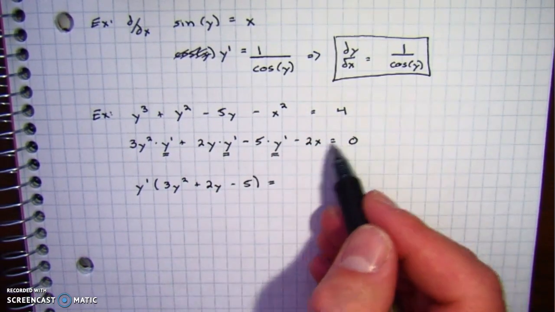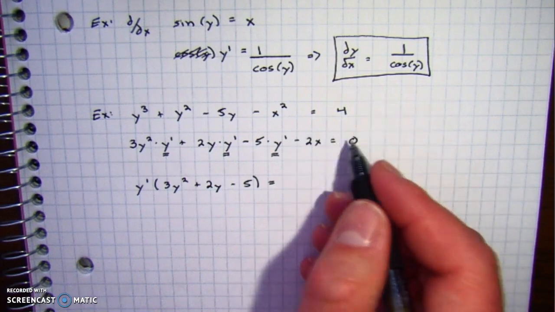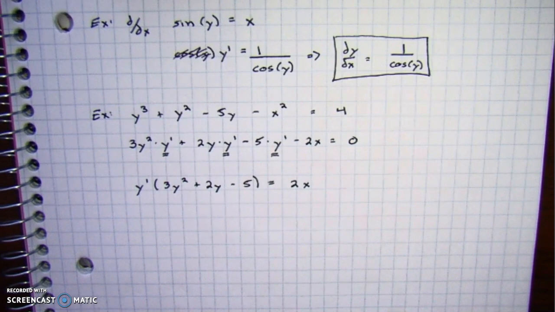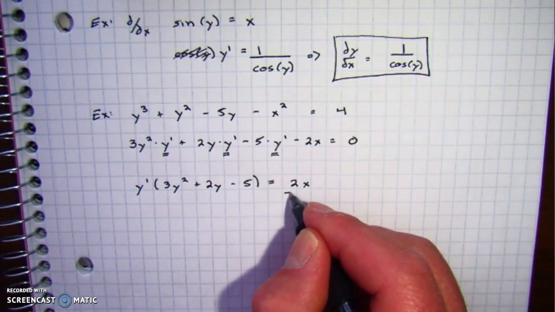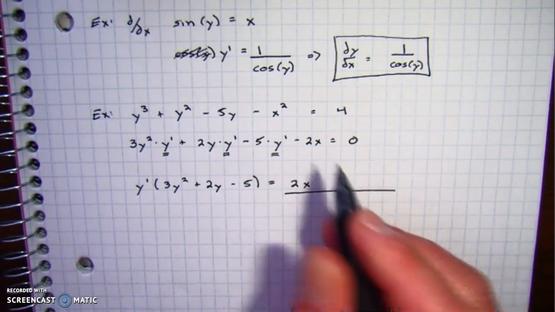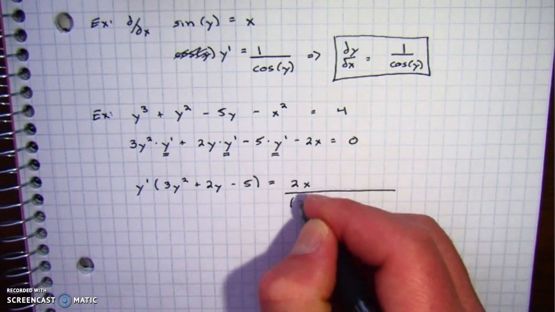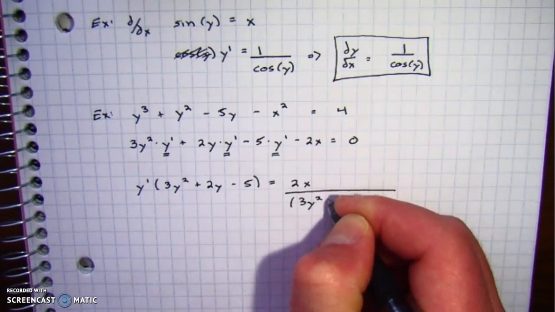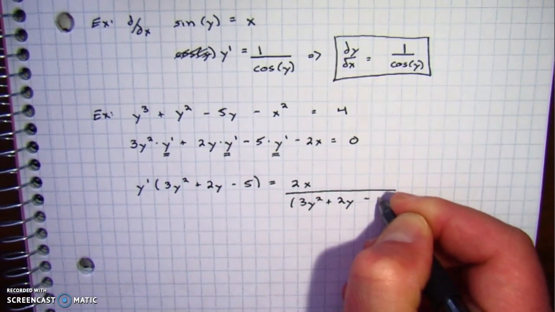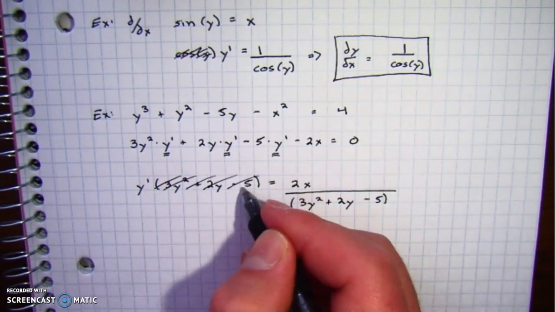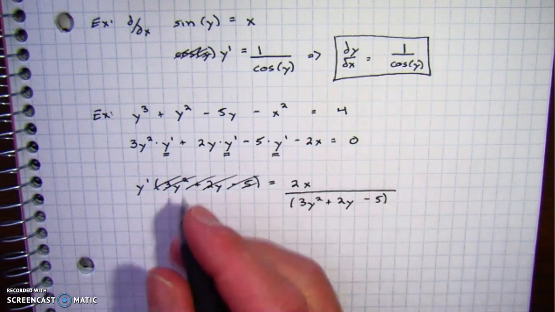And then I'm going to add 2x to each side. So that equals 2x. And now it's, again, just an algebra thing. I'm just going to divide each side by 3y squared plus 2y minus 5. So that goes away. And then now I'm left with my answer.